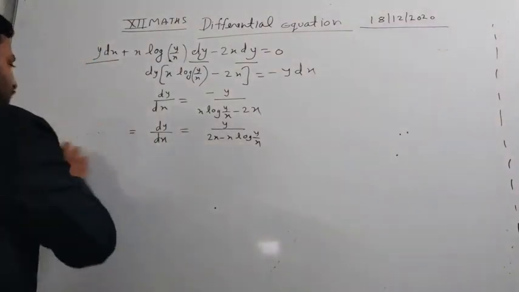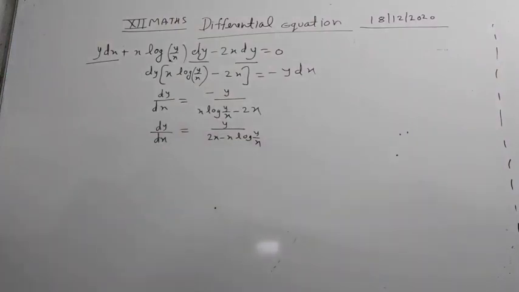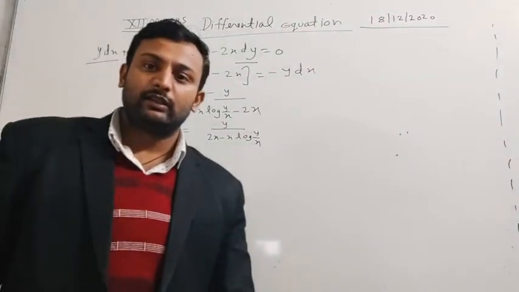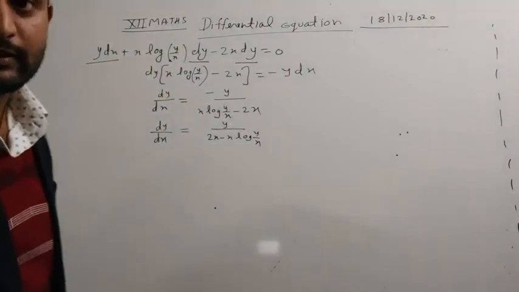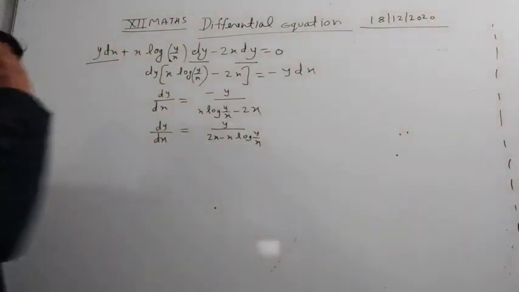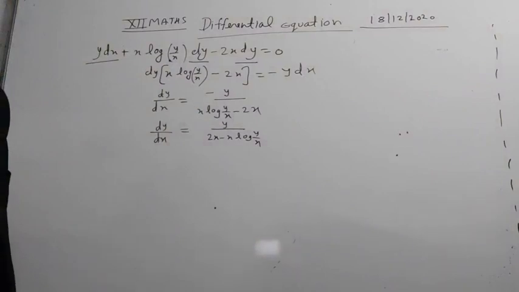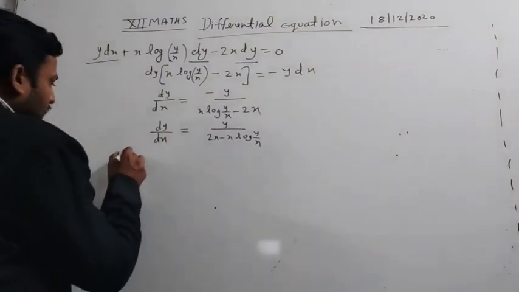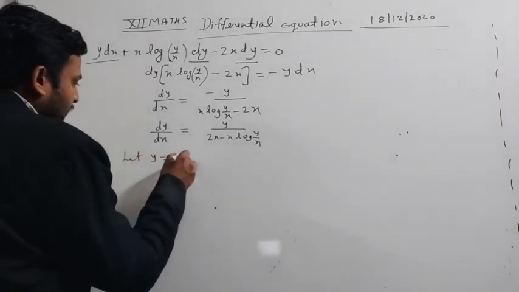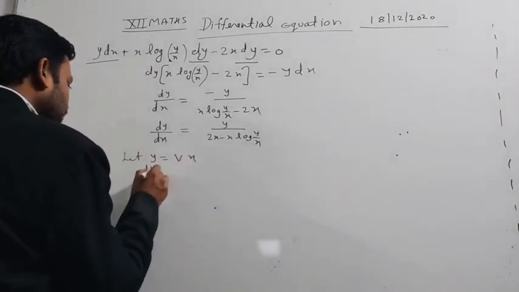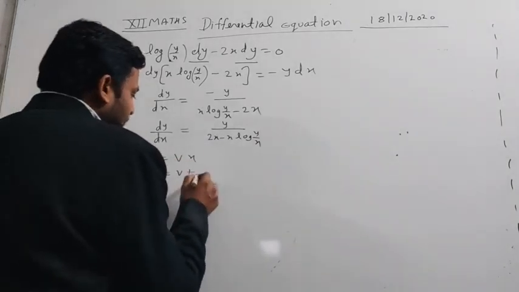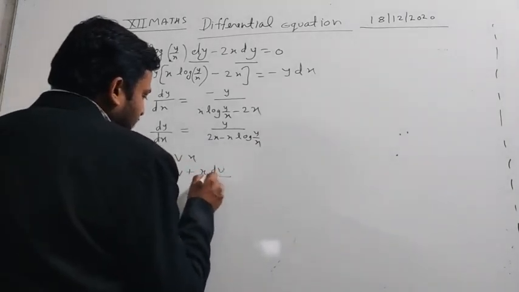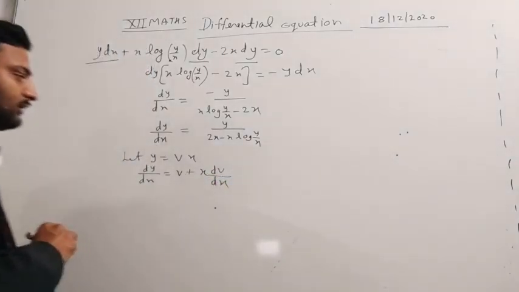Okay, for solving a homogeneous differential equation, we take y is equal to vx and differentiate this. Now dy by dx is first function times differentiation of second function plus second function times differentiation of first function.